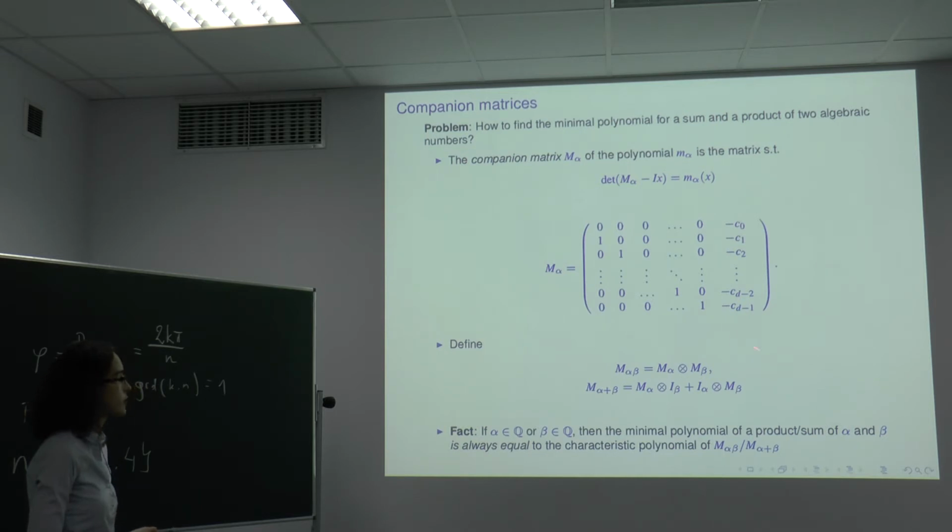And let us concentrate on this matrix. If we compute its characteristic polynomial, then it turns out that one of the coefficients of MAB is exactly this product, and in this case the same holds for this sum.